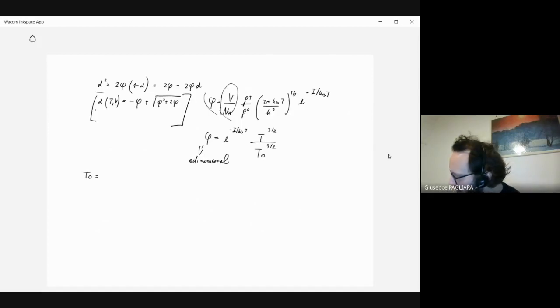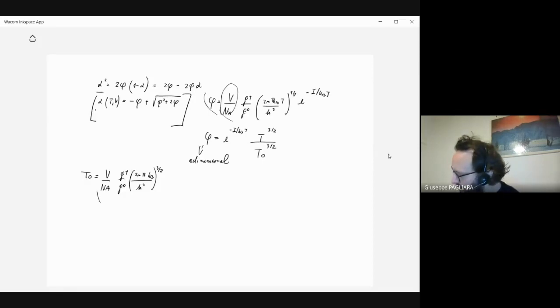So T0 is actually V divided by N_A, G plus divided by G0, 2 m pi kB divided by h squared, to the power of 3/2. This is all the prefactor that you have by leaving out just the temperature. So V and N_A, G plus, G0, 2 m pi kB. I think that there is a pi here missing, sorry. 2 m pi kB, okay.